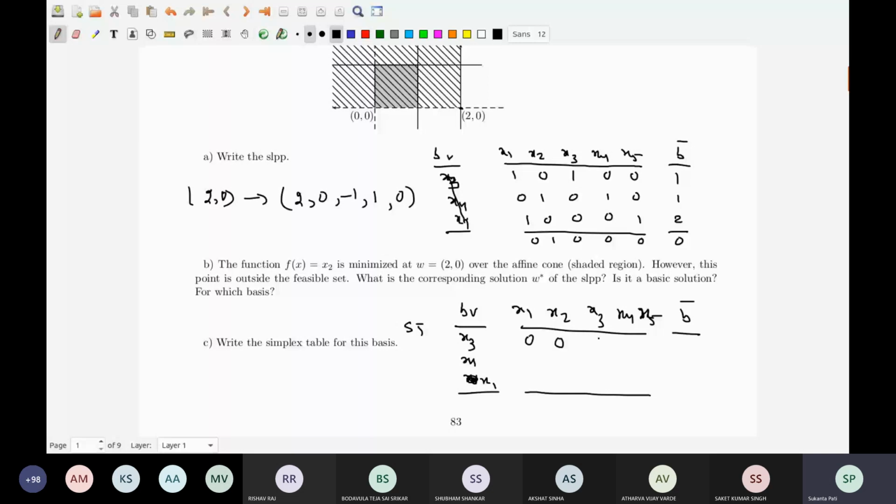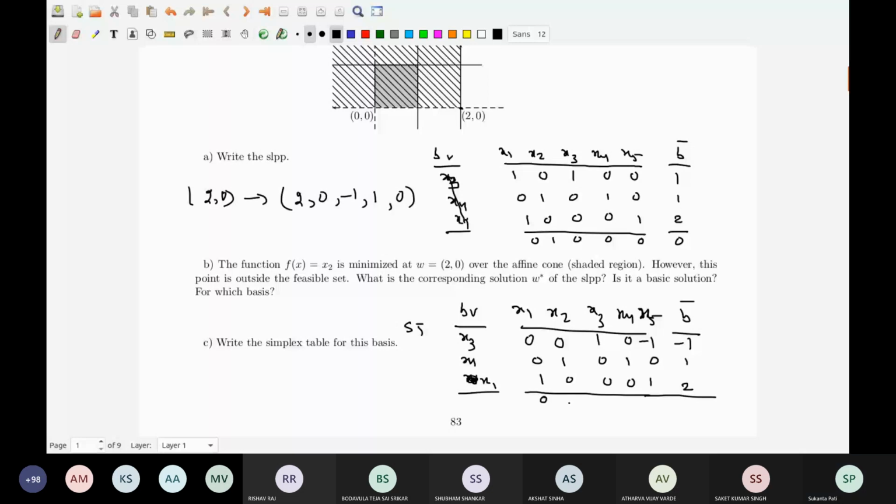Rest of them are the same. 1 0 0 0 1 2, and here I have to make the entries of c zero below the basic variables. So this is already 0, x2 is 1, x3 is already 0, x4 is already 0, this is 0, this is 0. So this is the simplex table.